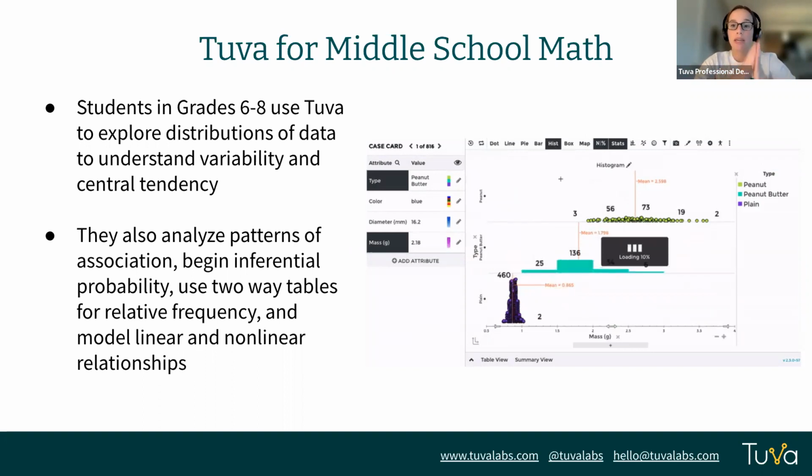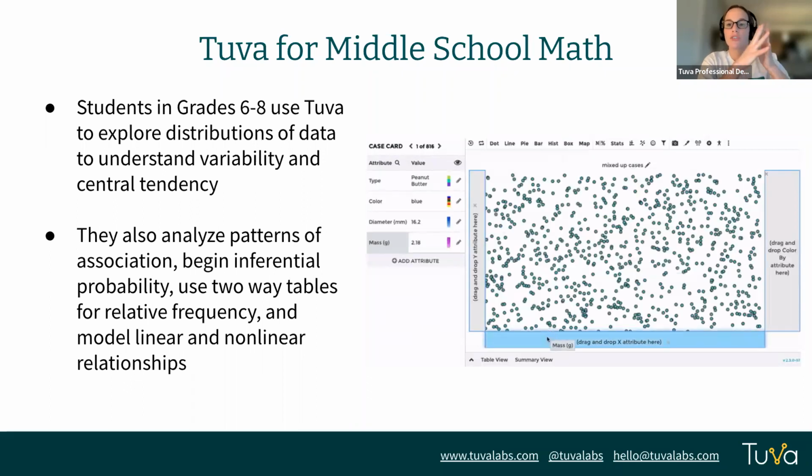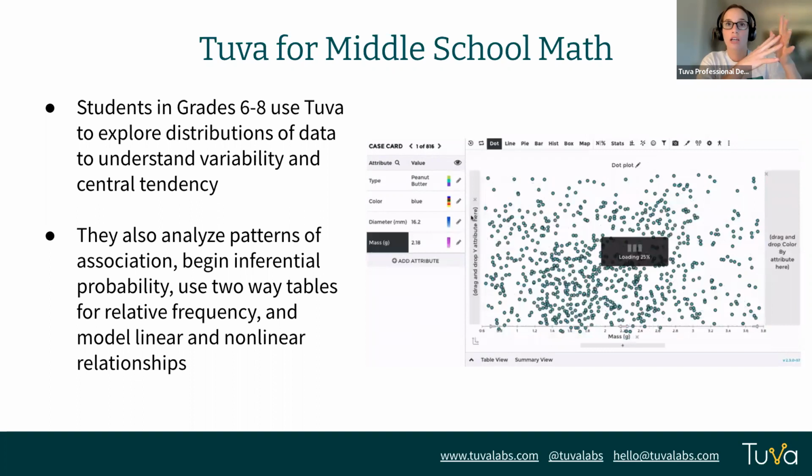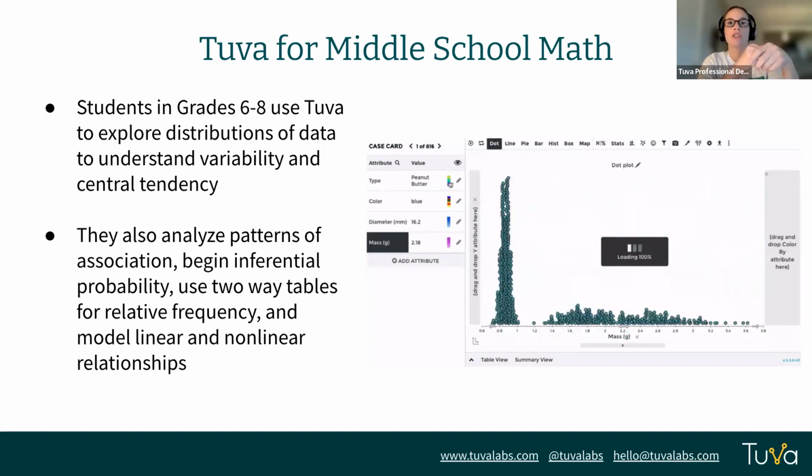So middle school is big for data, and it's such a prime time for teachers to integrate a lot of those data skills into their classroom, and also use tools like ours to really enhance the core concepts that get taught at that grade level.